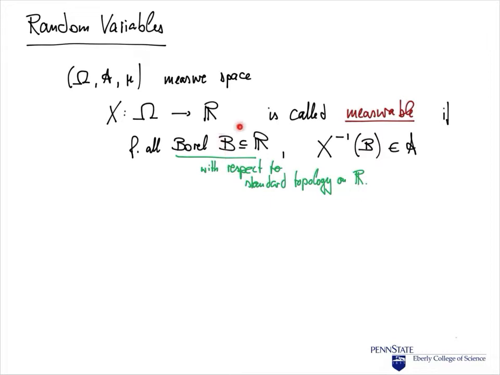So if we have, for every Borel set B in R, the pre-image of B under X, under our function, is an element of the sigma algebra of our measure space.